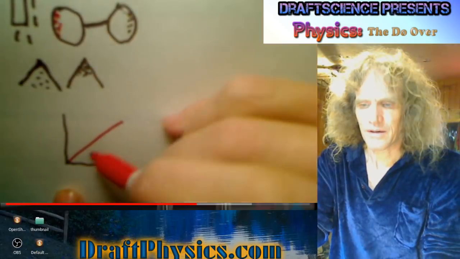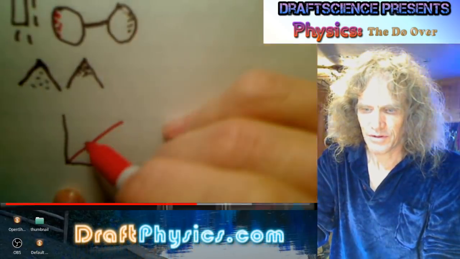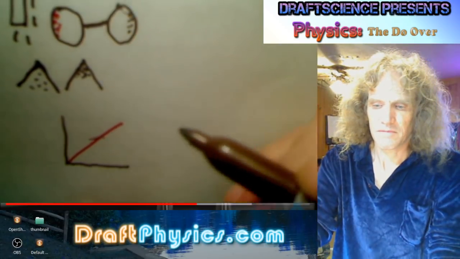So it's linear from low pressure to high pressure, and technically there's a ground on that linear line in the middle.